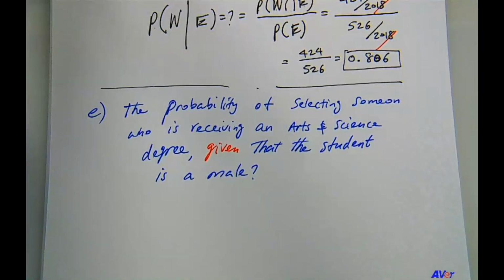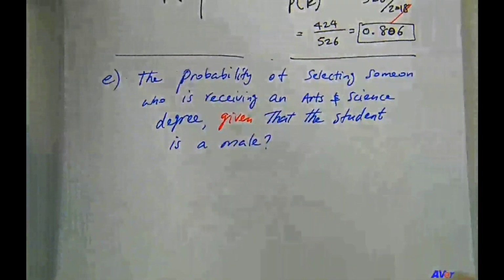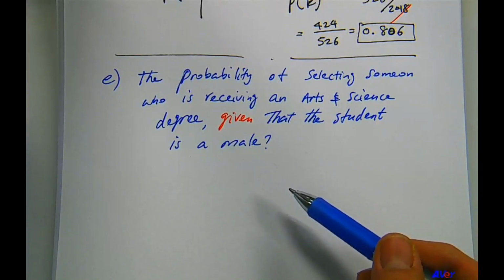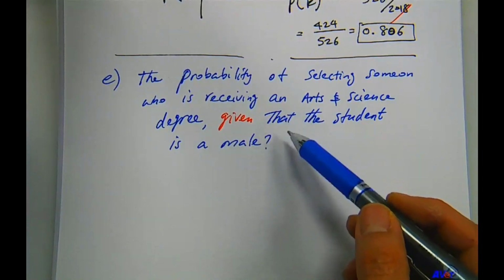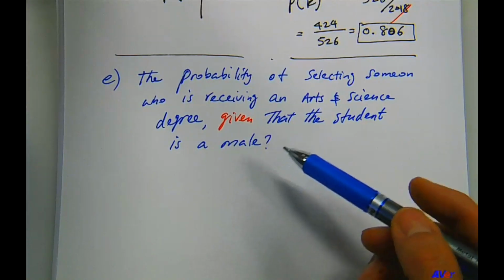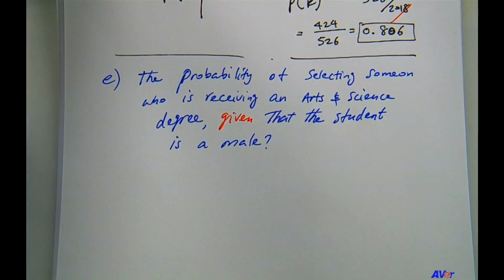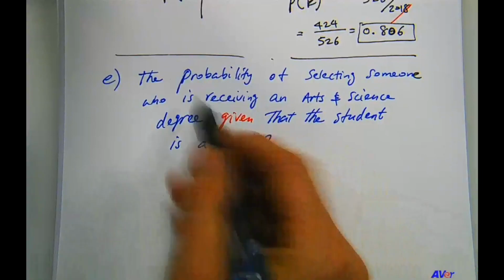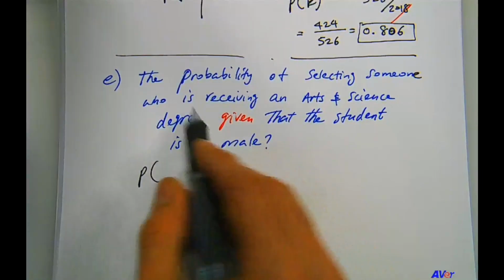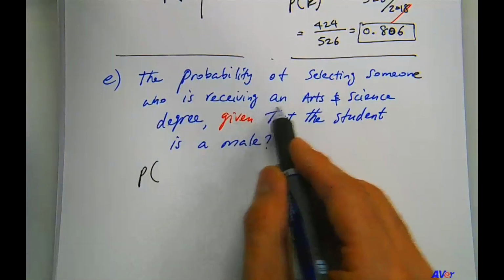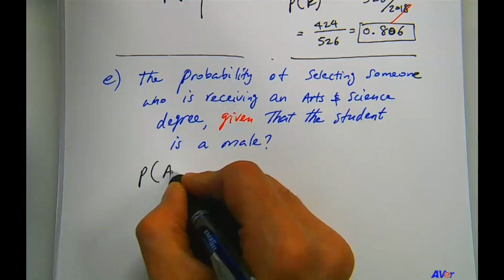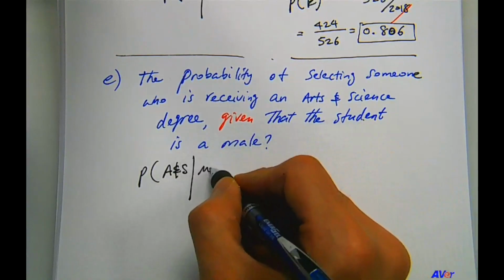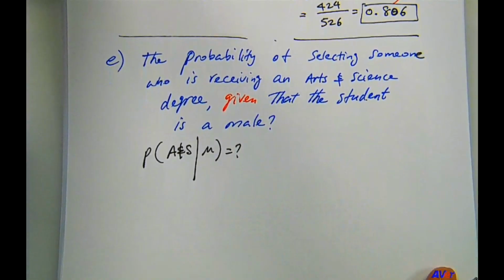Once again, I hope you pause the video, write down the conditional probability formula for this, then look at what I have done. So please pause the video, answer this question, then come back to the video. Okay, so I'm assuming that you've done that. I'm going to set up the conditional probability formula for this: the probability of selecting someone who is receiving an arts and science degree, ANS, given that the student is male. So that's the question they're asking us to answer.